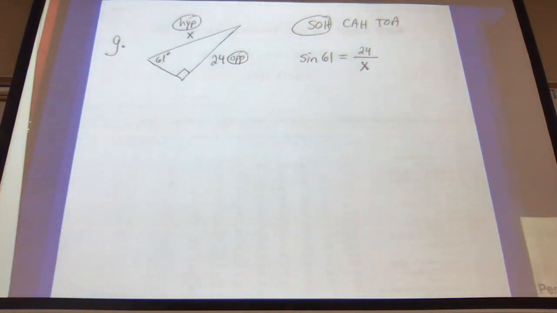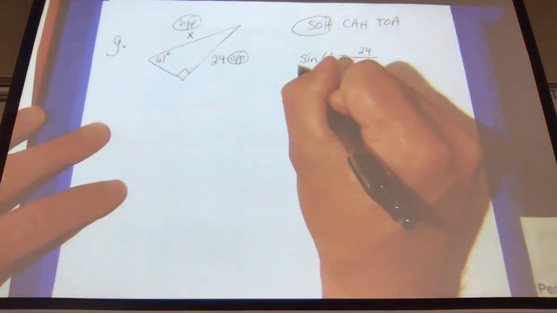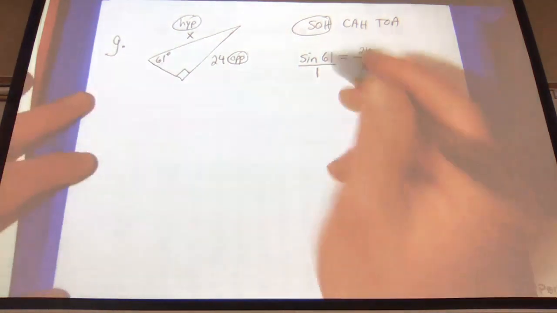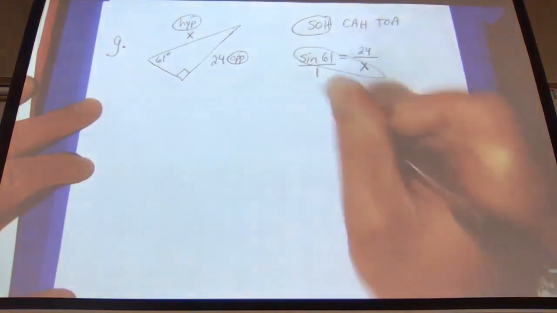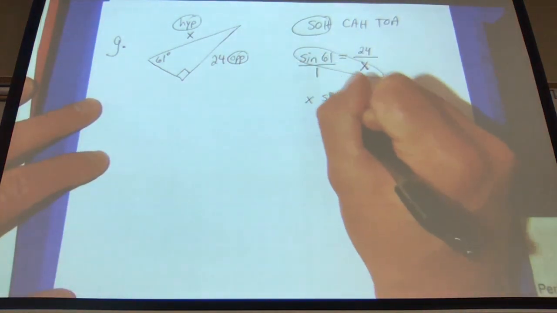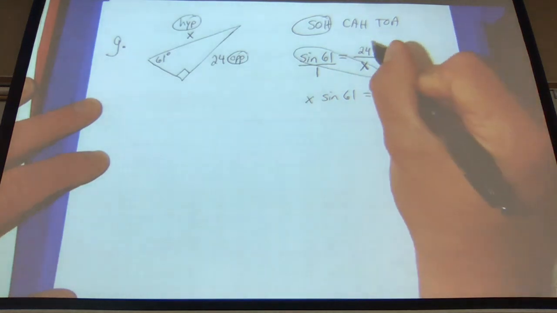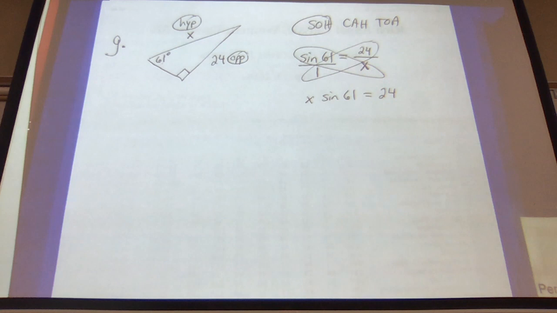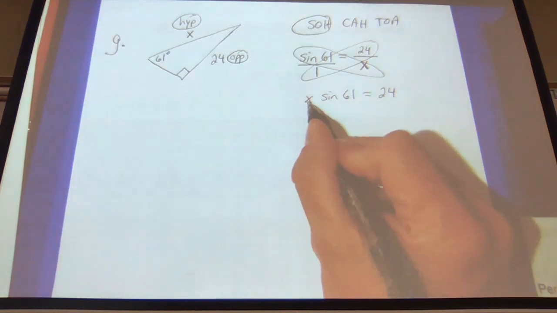This is another one where you get the X on the bottom. When that X shows up on the bottom, you can just write this as a proportion. Put that over 1. Then we can cross multiply. We have X times the sine of 61 on the left. We have 24 times 1, which is 24. I want to get this X all by itself.